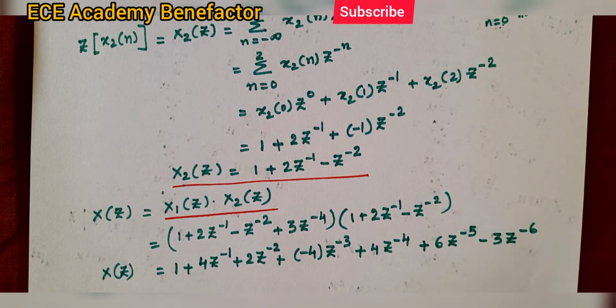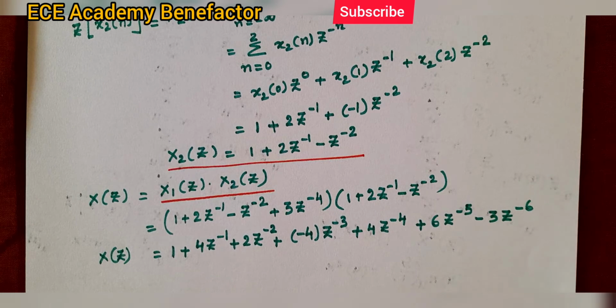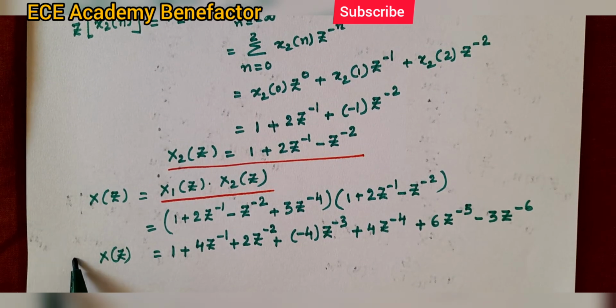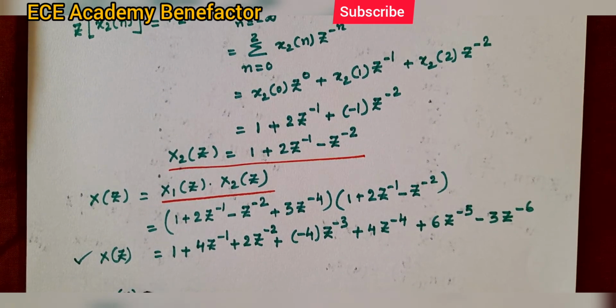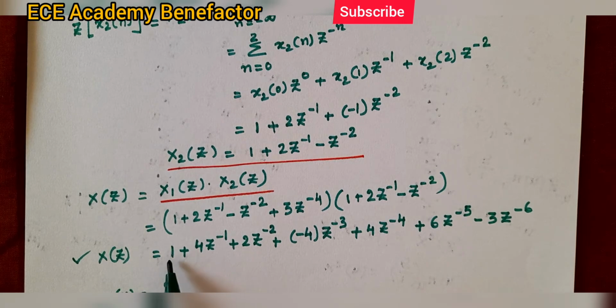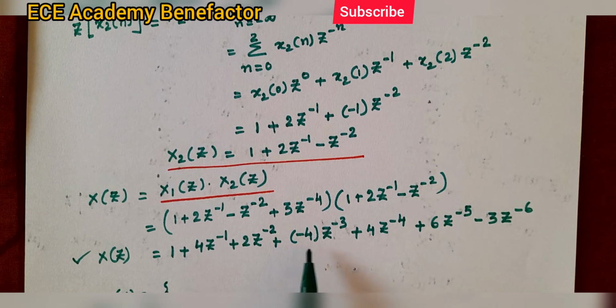So now we can easily write x of n. What is asked in the question? You have to find x of n. So we got x of z, so to find x of n it's easy to write. You have to take the constant values, what's there here.